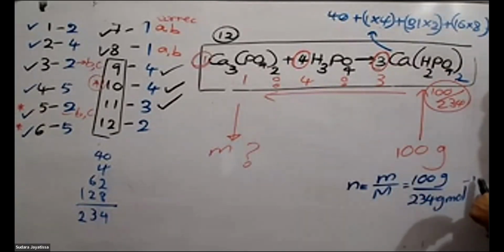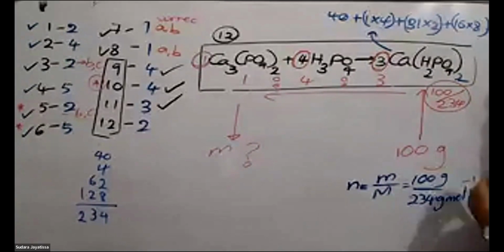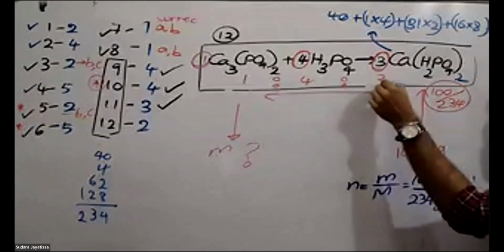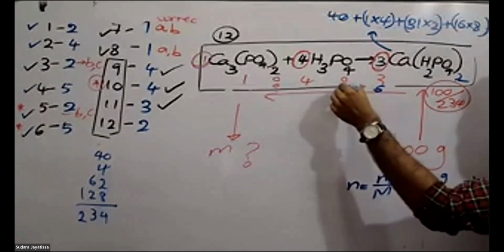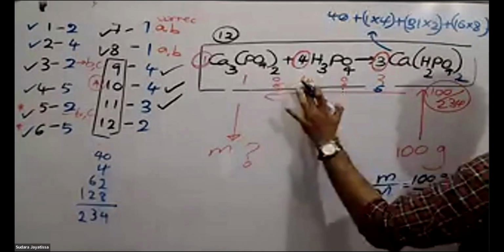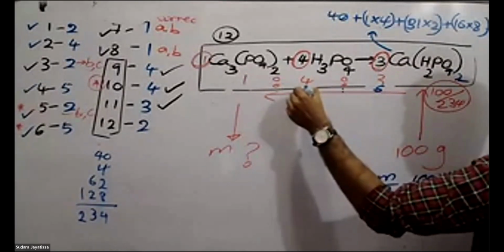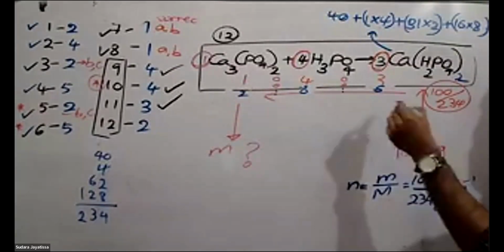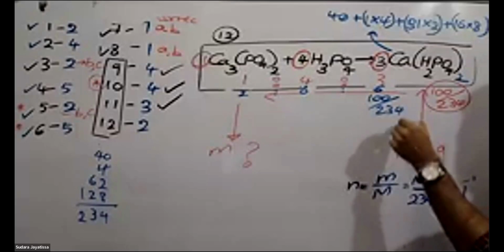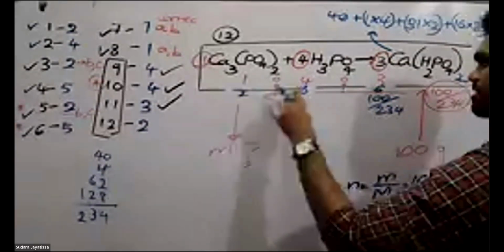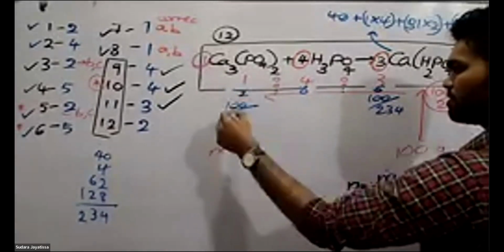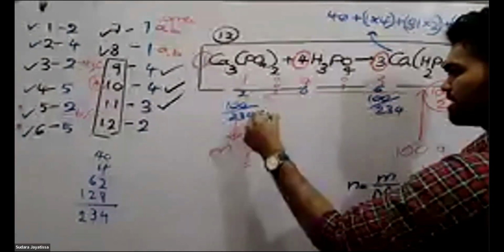When you are converting moles, let's say here you are having 6 of them, then you need 2, then you need 8 and 2, like that. So if you are having 100 over 234, you need to divide that by 3. That means 100 over 234 into 3.